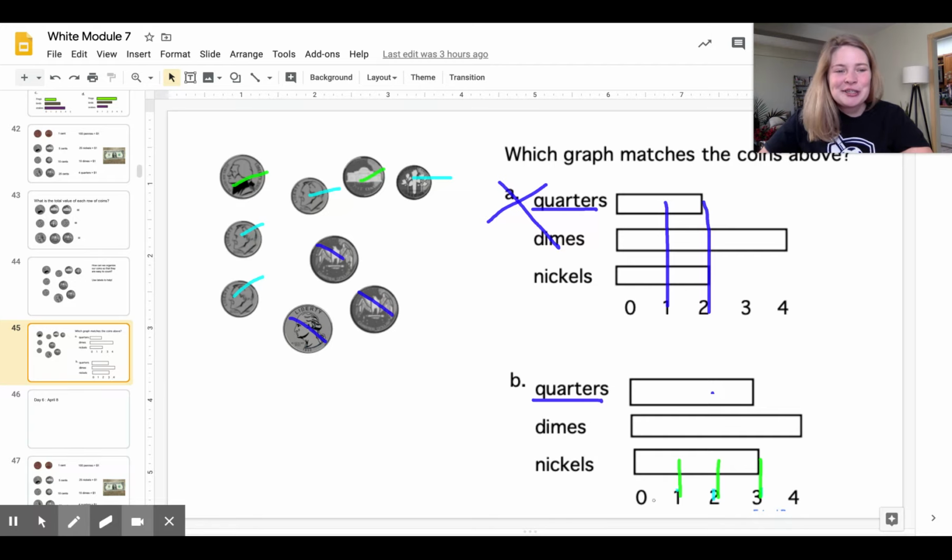I want to see you graphing. This is a challenge, but I know you can do it. The quarters and dimes part is already correct. The only thing that you need to fix is the nickels part. Once you send me that picture, I'm going to put it in tomorrow's math slides so we can check it.